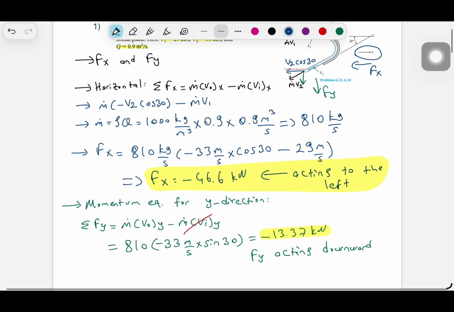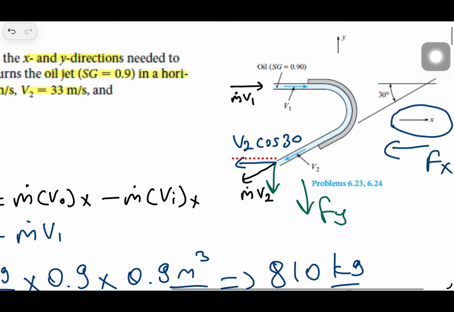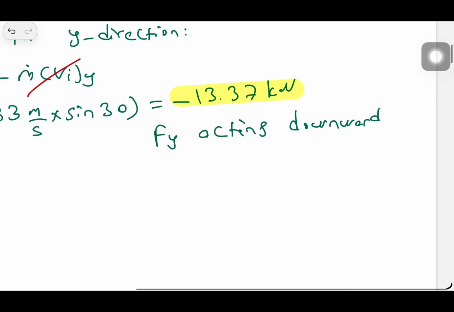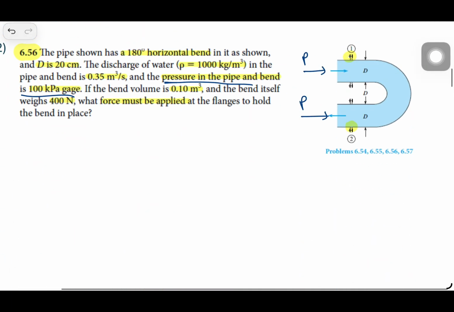And for example, if there were pressures in the first question, we will take pressure force here and also pressure force here, which is directly into the control volume. So since we have pressures, it means we will have pressure force.